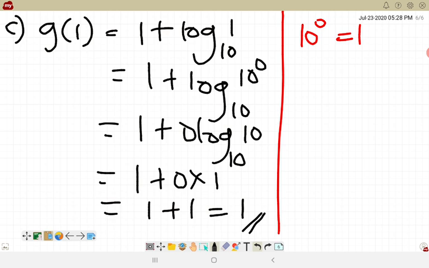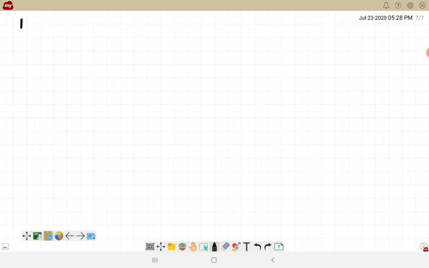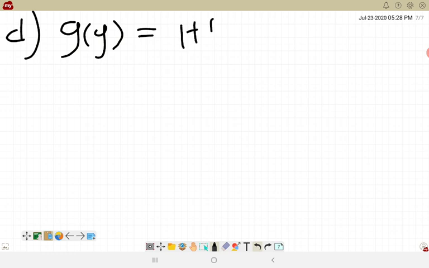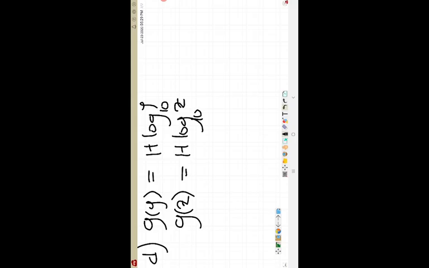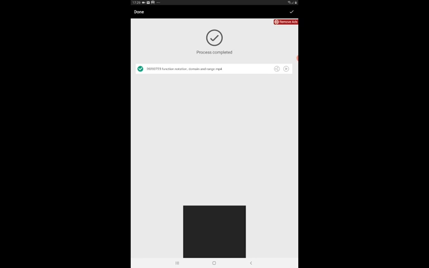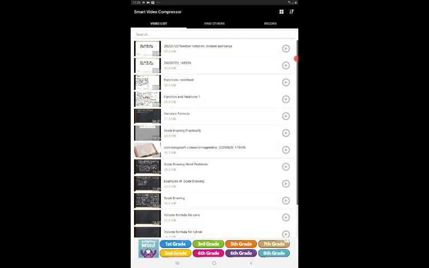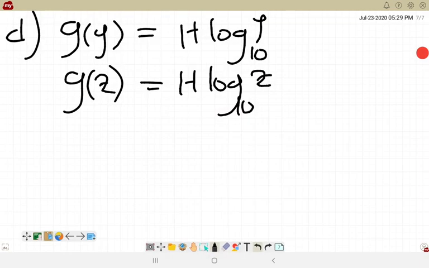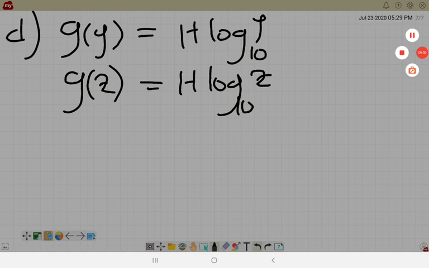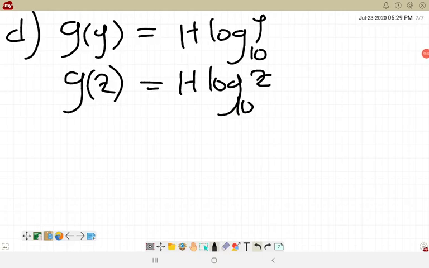Now number D. Let g of y equal 1 plus log y base 10, and g of z equal 1 plus log z base 10. Now we have g of 10x.